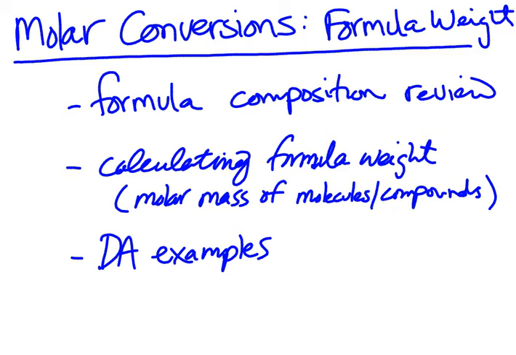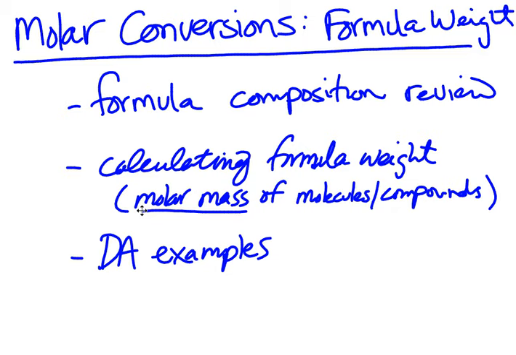So in this video, we're going to do a formula composition review. Just kind of talk about what a formula is and how they are composed, whether they be ionically bonded or covalently bonded. We're going to talk about calculating formula weight, which is pretty simple as long as you have the right formula. And formula weight is just the molar mass of a molecule or a compound.